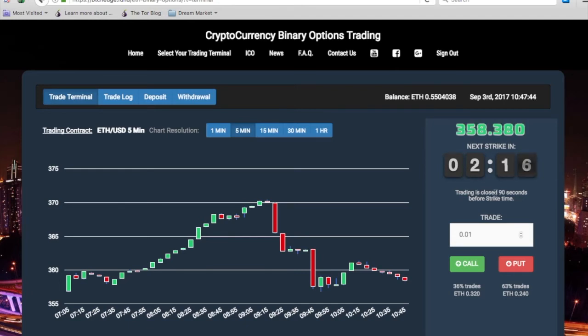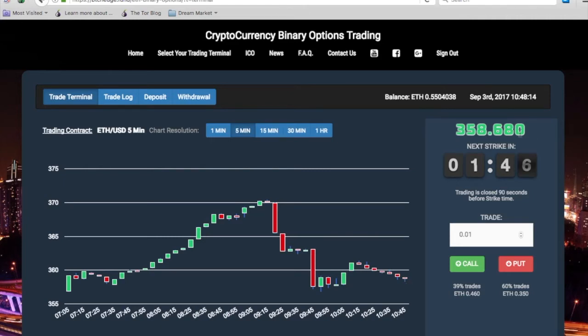But don't wait too long, because although the contract time is 5 minutes, the trading is closed at 90 seconds before the strike time. Meaning that when you see on your timer that there is less than 1 minute and 30 seconds left, the trading will be closed.